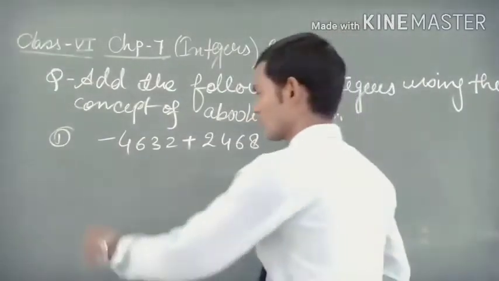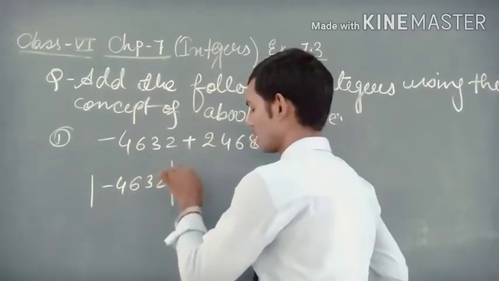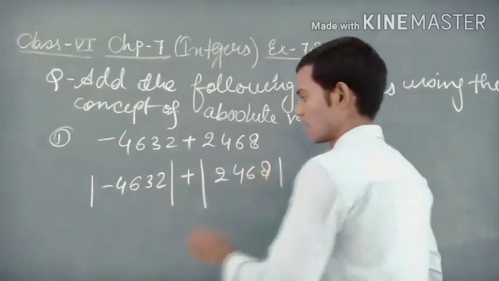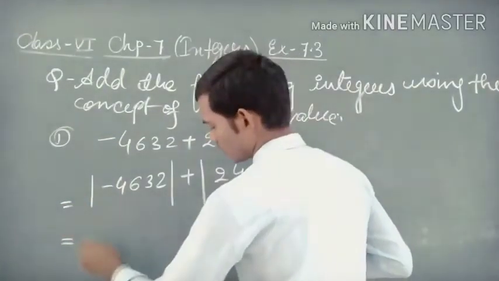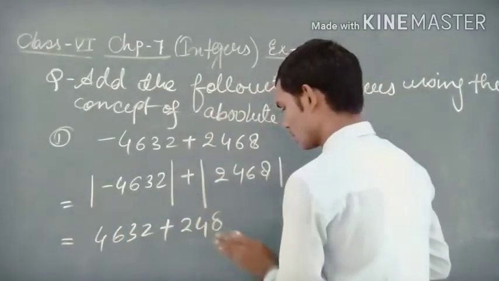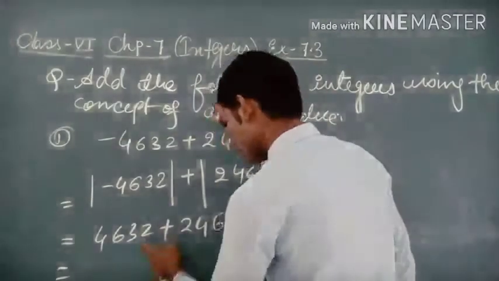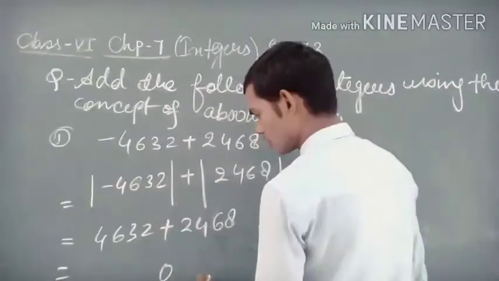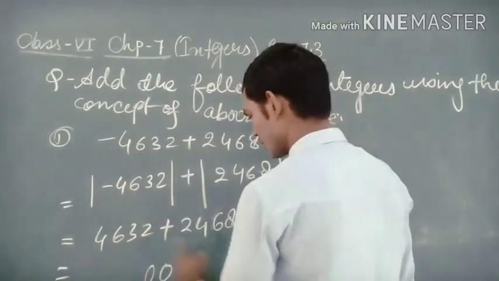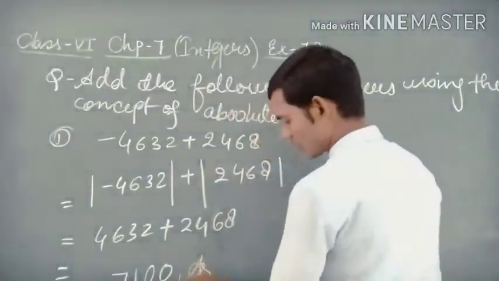Then we write here mod of minus 4632 plus mod of 2468, and we get here 4632 plus 2468, and then we add, we get 10 plus 2 plus 8 is 10, 3 plus 6 is 9, 10, 6 plus 4 is 10, 11, and this will be 7. So this is our required result.